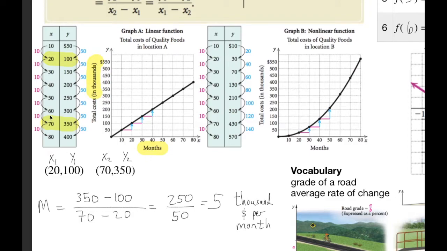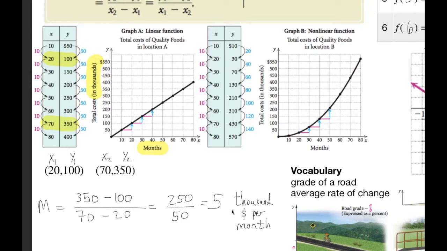If you wanted to, you could also just look at 2 of these points, 20, 100, and 70, 350, and this would be x1, y1, x2, y2, and you plug them into the formula. y2 minus y1 over x2 minus x1 equals 250 over 50, which equals 5. Again, $5,000 per month.